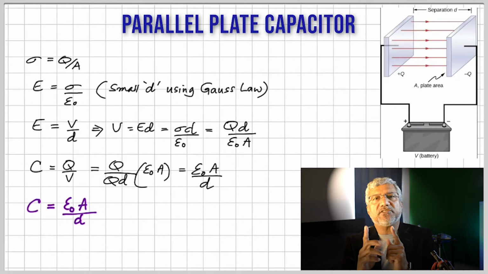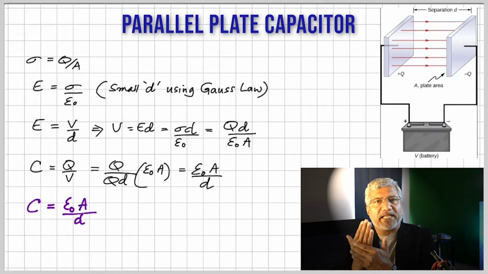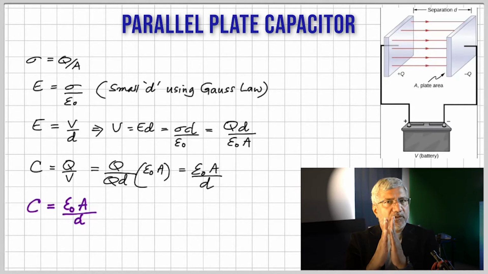Now there is a danger in decreasing the distance between the plates, because one plate is positive and the other plate is negative. If you bring them very close, there will be an electrical discharge. In order to avoid that, we insert an insulator between the plates.